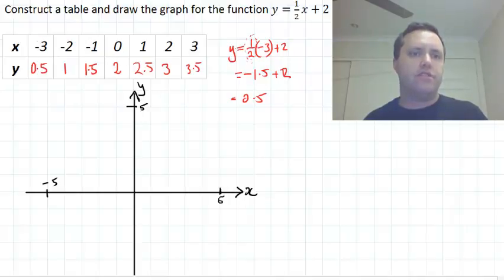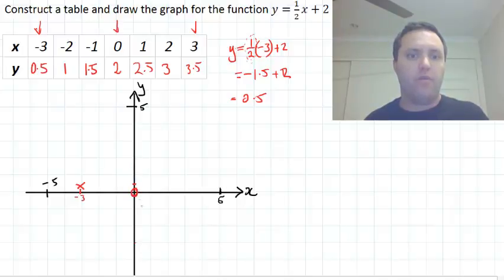So we'll plot this one here, this one here, and this one here. x is negative 3, which is here. y is 0.5, so that would be here. So here's our first point. x is 0, y is 2. So x is 0 is on the y-axis, because there's our origin.